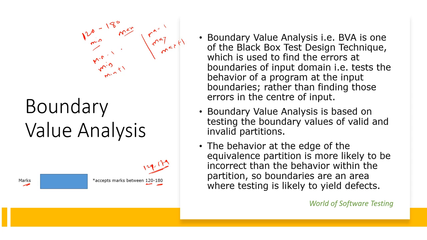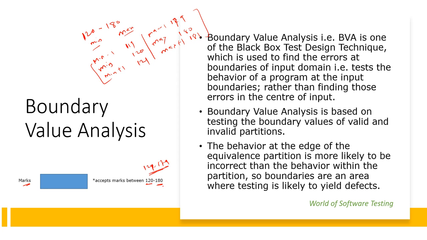In this way we find the boundaries. Minimum 120 minus 1 is 119, then 120, and then 120 plus 1, which is 121. For the maximum, 180 minus 1 is 179, then 180, and then 181. So we get these six values to test instead of testing all values from 120 to 180.